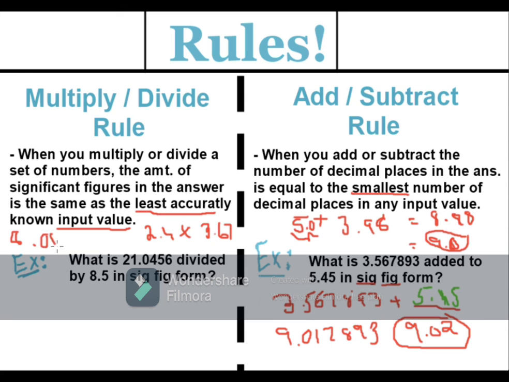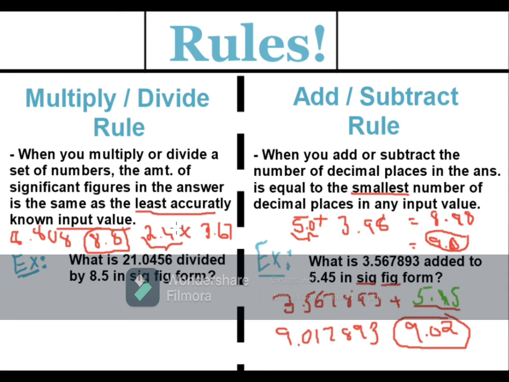When you get 8.808, you want to make it follow the same amount of significant figures as the least accurate known input value. The least accurately known input value is 2.4, compared to 3.67. So that has two significant figures, so the answer should have 2. So that's 8.8. You can't estimate it to 8.9 since 0 is not greater than 5. Instead it's less than 5, so it stays at 8. So A is the answer.